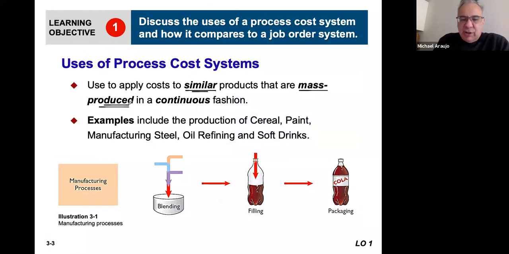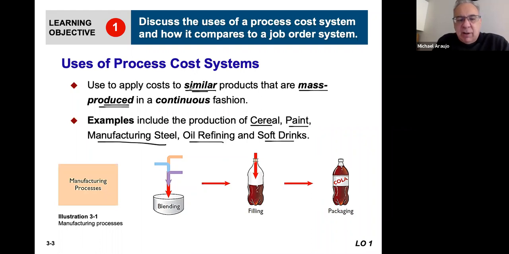Whether it's Kellogg's or General Mills doing cereal, or Sherwin-Williams doing paint, or USX manufacturing steel products, or ExxonMobil refining oil into gasoline, or Coca-Cola or Pepsi basically producing soda.